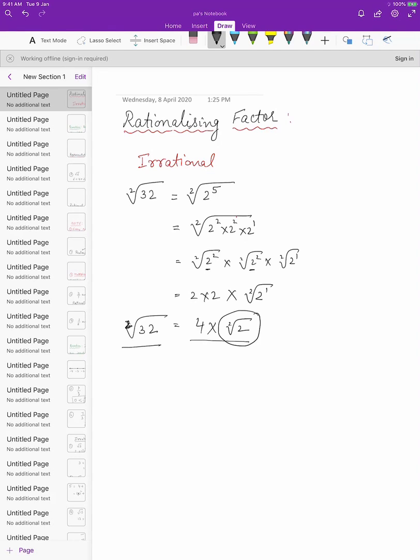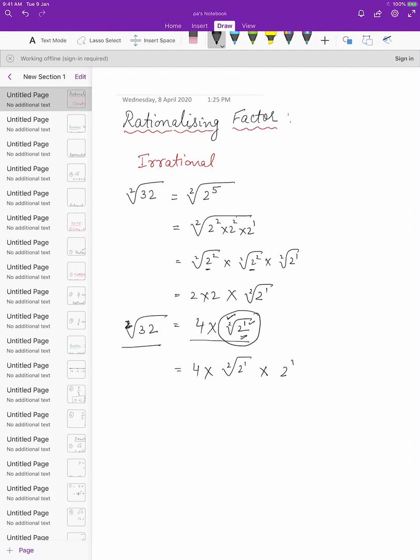Here the power of 2 is 1, whereas the order of the radical sign is 2. So when both these numbers become the same, then this number comes out of the radical sign. So how many more 2's are required to be multiplied with this number so that it can come out of the radical sign? Obviously 1, because one 2 is already there. I need one more 2.